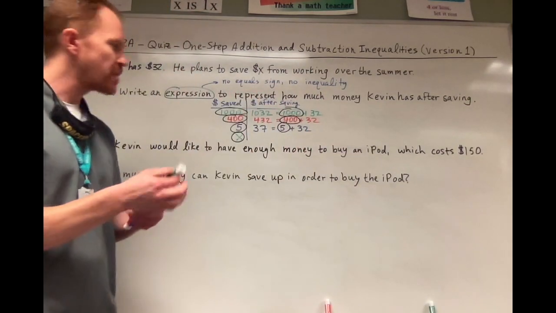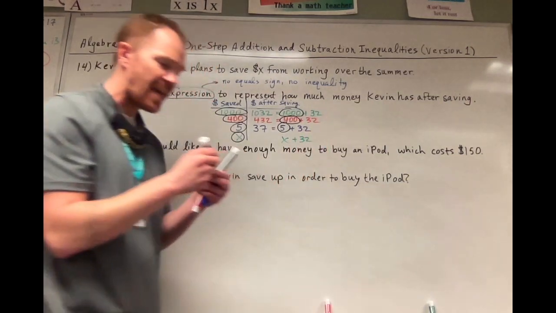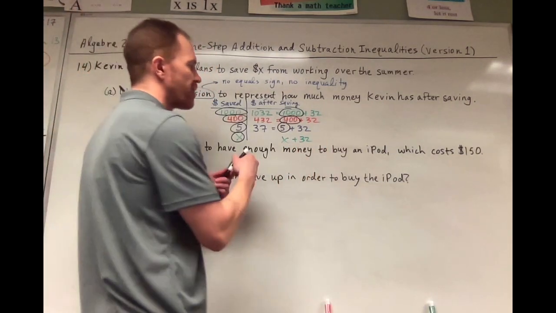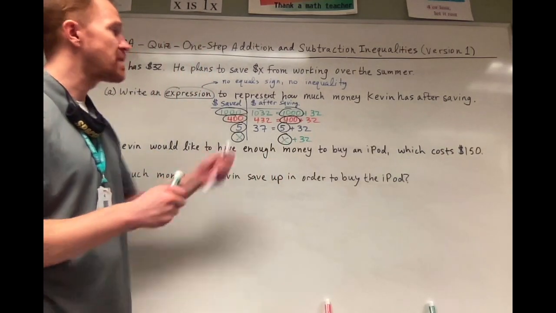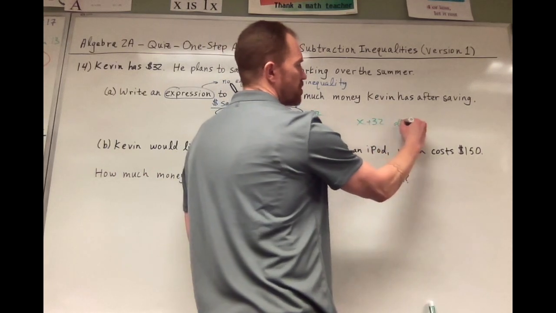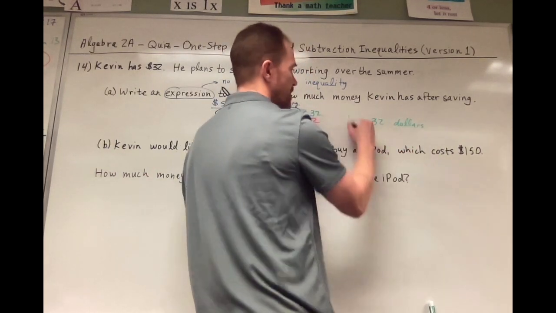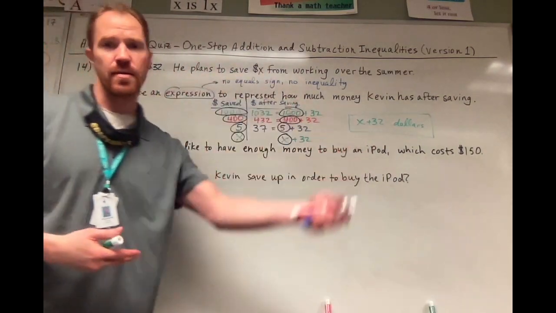So that's what our expression is going to be, X plus 32. I can't tell you what that equals without more information, but that's our expression. Kevin will have, after saving, X plus 32, and you could say dollars if you want to. That's it. What I saved plus the 32 I started with.